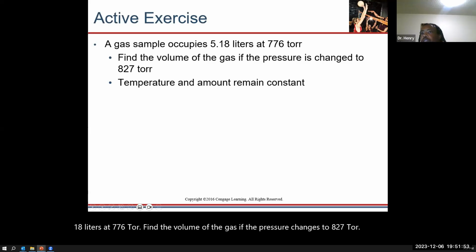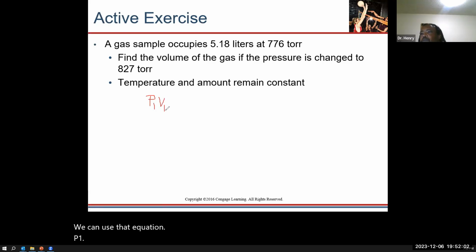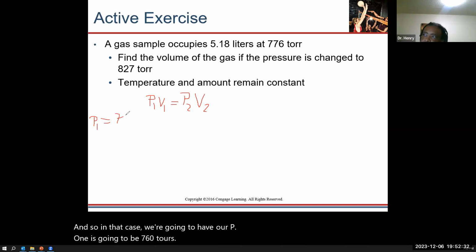So we can use that equation. We have P1 V1 equals P2 V2. In that case, our P1 is going to be 776 torr, sorry, 776 torr.